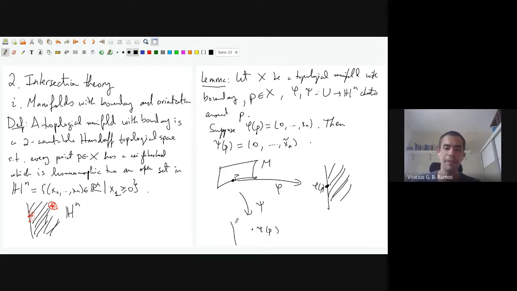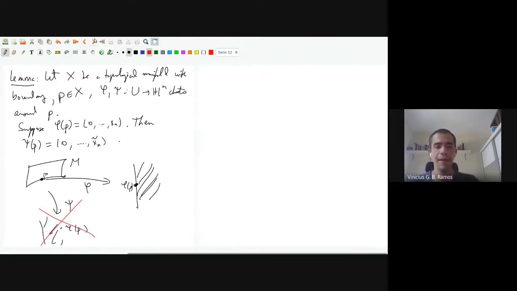This is not possible. It's basically an if and only if, because I can just choose the other chart to prove the lemma implies an if and only if. Okay? So that's the lemma.